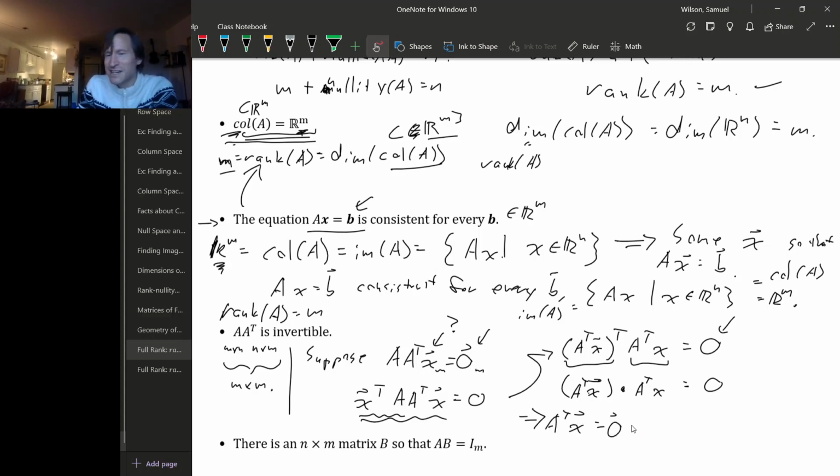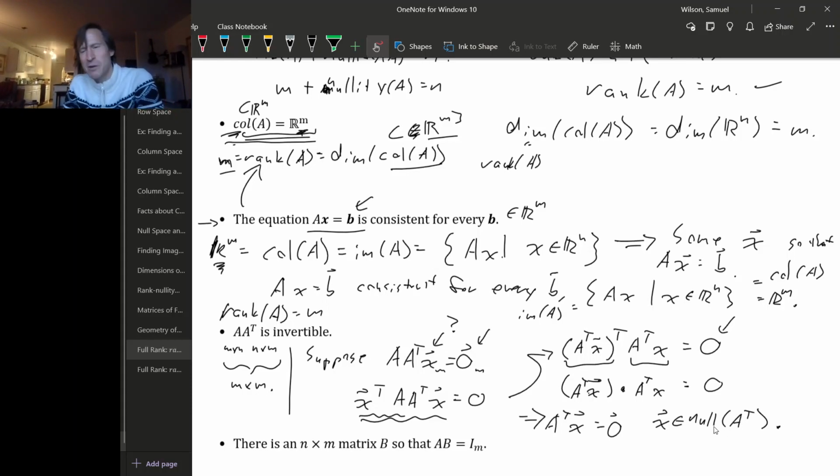The only vector that gives you 0 when you dot it with itself is the vector 0. So A transpose x has to be the 0 vector. But that means that x is in the null space of A transpose.